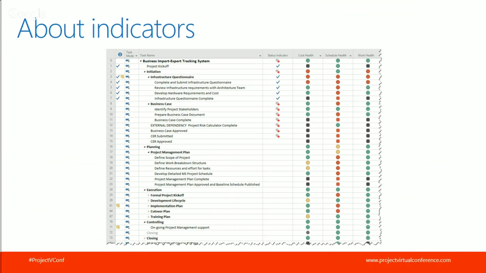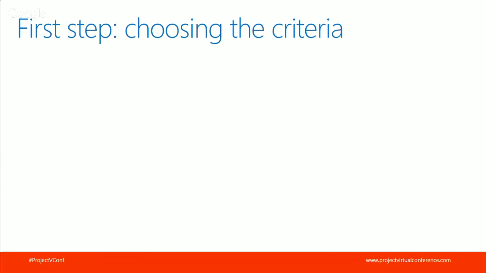The first big challenge when we are going to build a new indicator for our schedule, and I would not say it is a problem, is to choose the right criteria, right? As the custom field is available for us to build whatever we want, we have to choose the right criteria in order to have the right identification of the tasks.